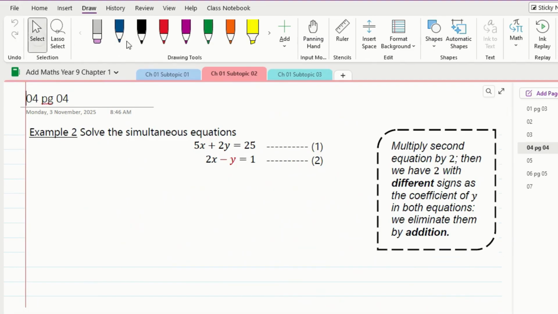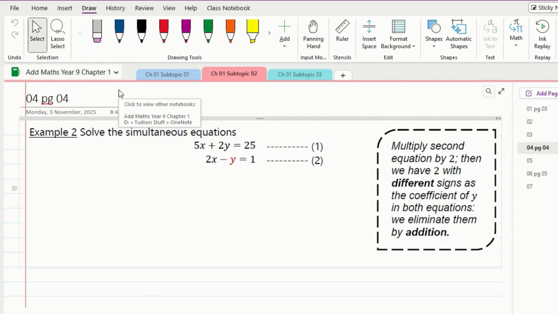Now here, if you notice, you don't have any unknown with the same coefficient number yet. So here, for example, 5x and 2x, and then 2y and negative y, equals 25, and also 1 in the second equation.